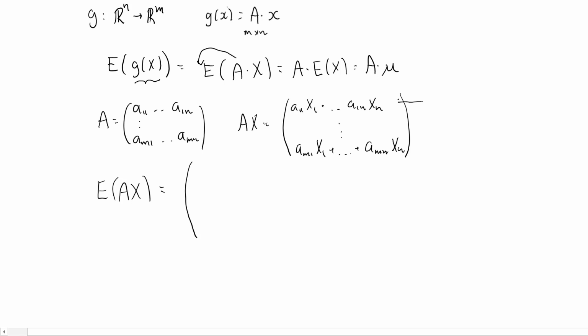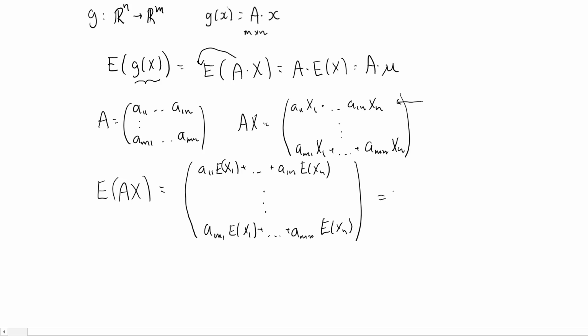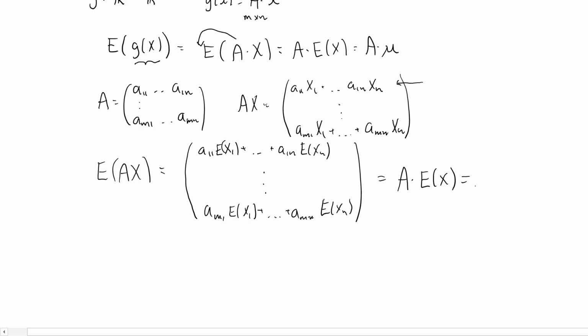The expected value of the first row will come out to be A11 expected value of x1 plus through A1n expected value of xn, and the last row AM1 expected value of x1 plus through AMN expected value of xn. And you can easily convince yourself that this is precisely the A matrix times the expected value of x vector, which we can write as A times mu.